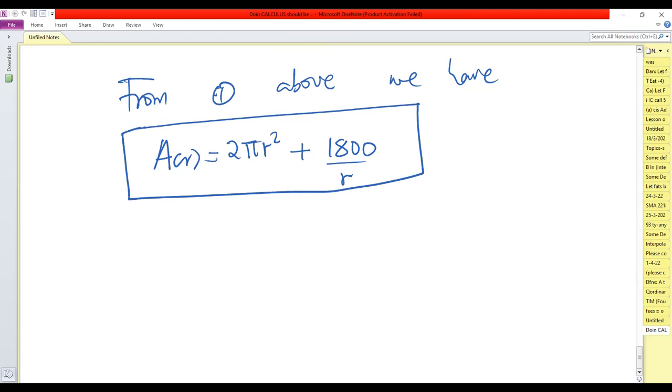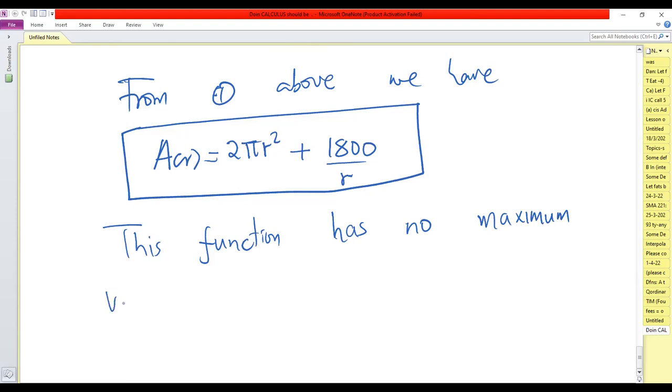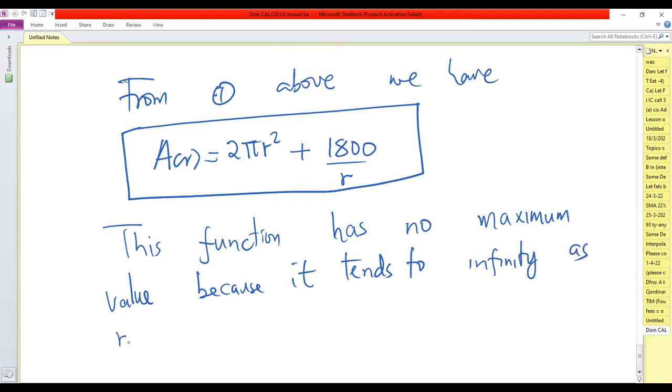Now, this function has no maximum, because it tends to infinity as the value of r approaches 0 or r approaches infinity.